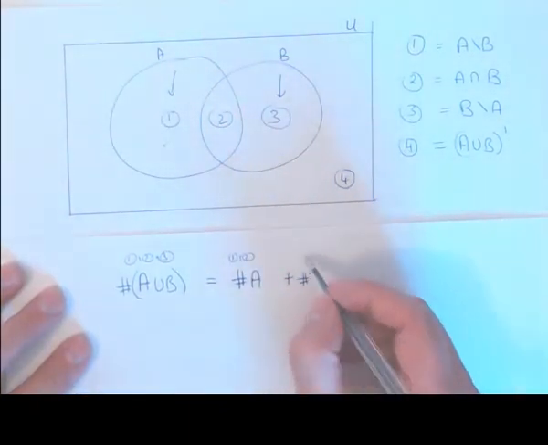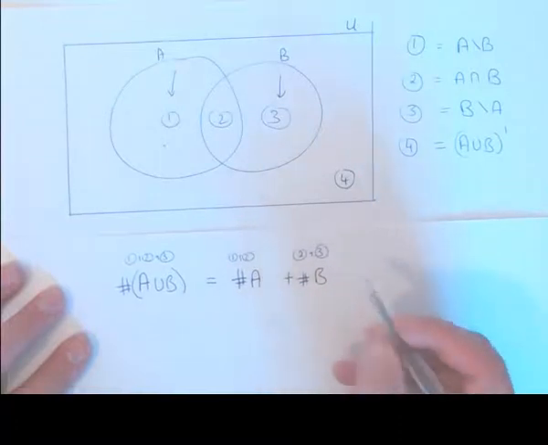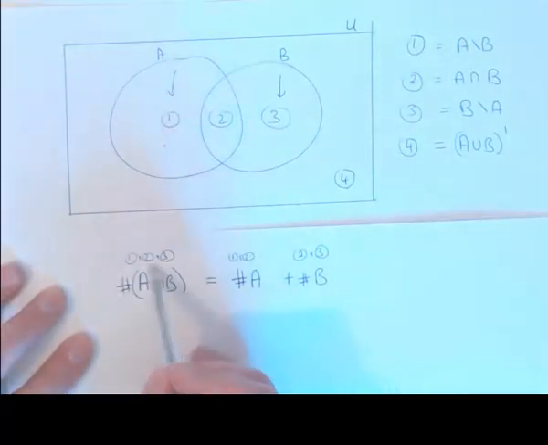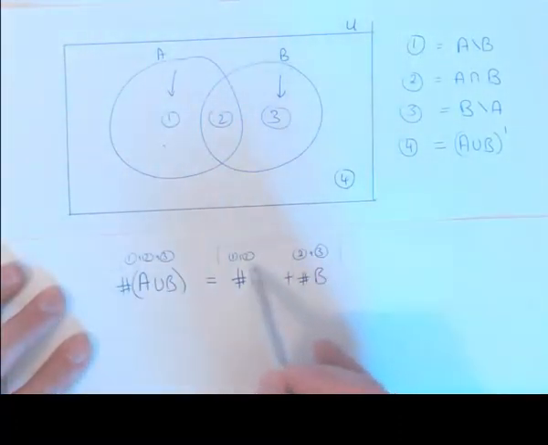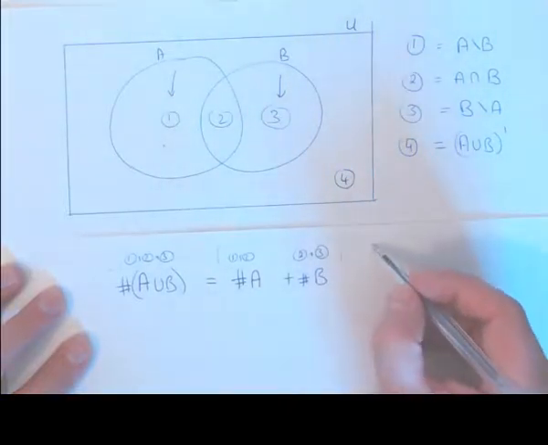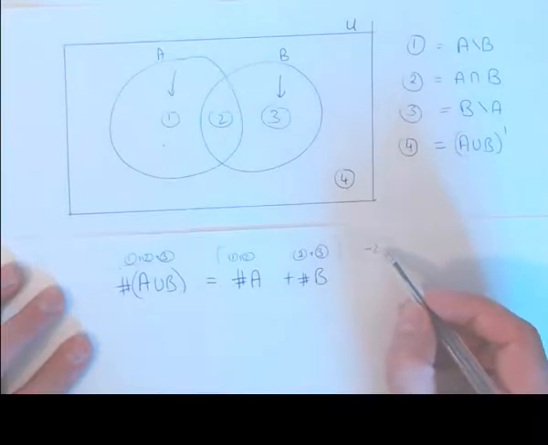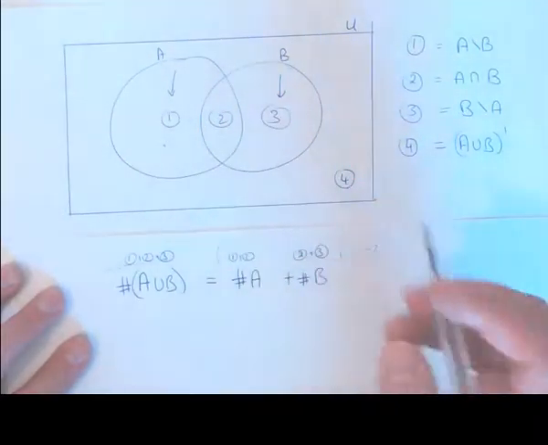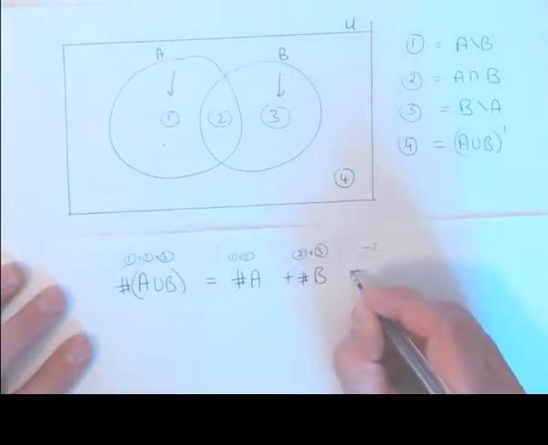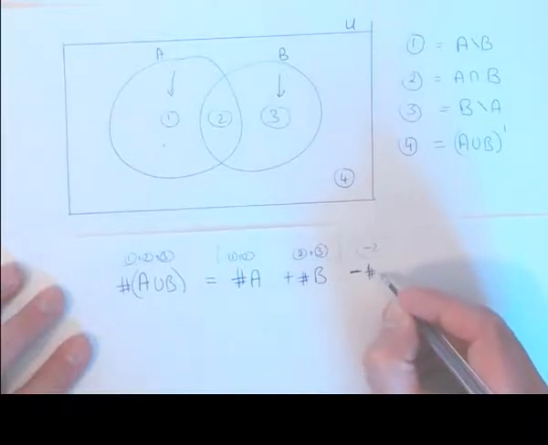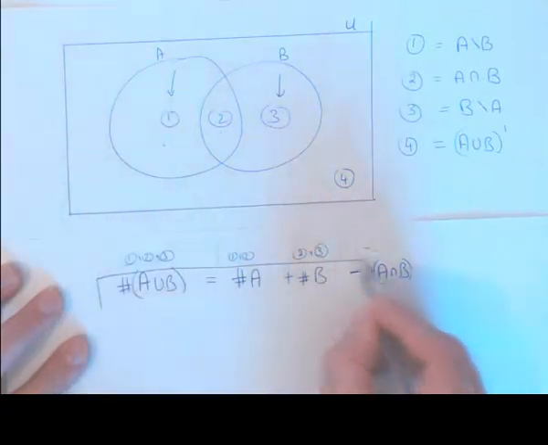We know that area B is 2 plus 3. Now, unfortunately, I wanted 1 plus 2 plus 3, but I've counted 1 plus 2 plus 2 plus 3. So to get back to this, I'm going to have to subtract a 2 to make this true. What was the area 2? Area 2 is A intersection B. So if I take away the number of elements in A intersection B, then this will be a true statement.